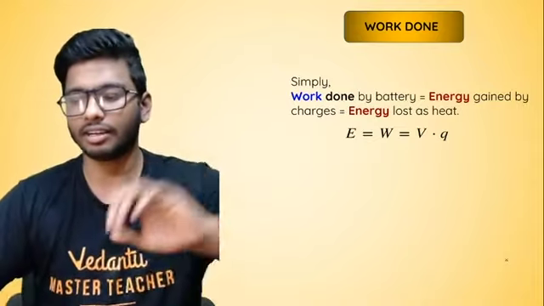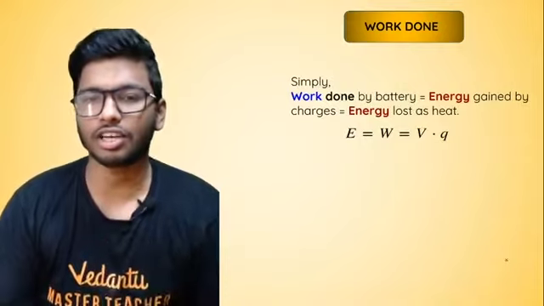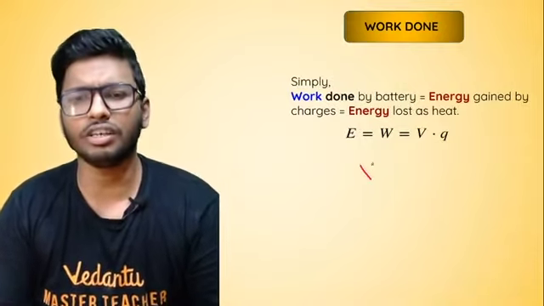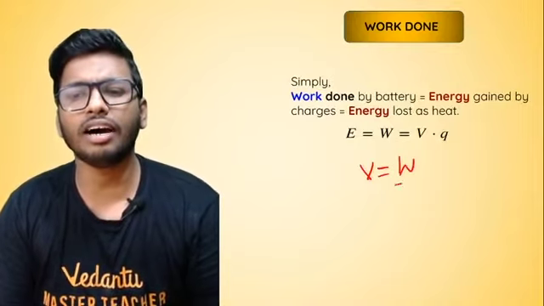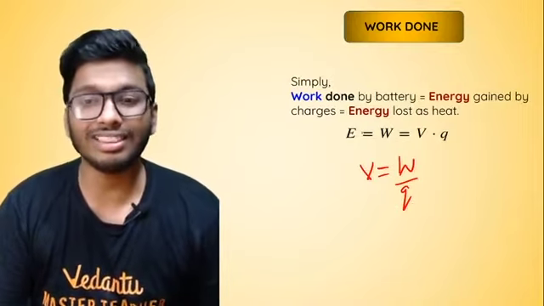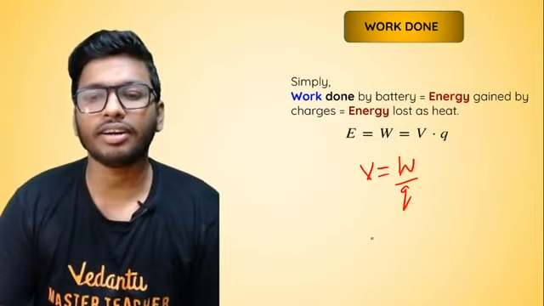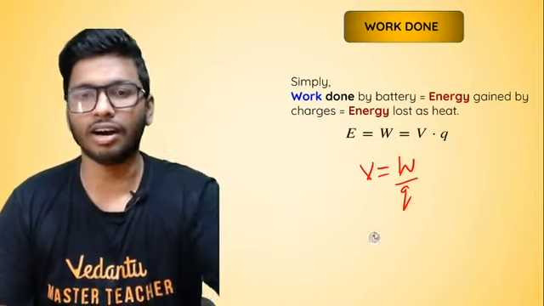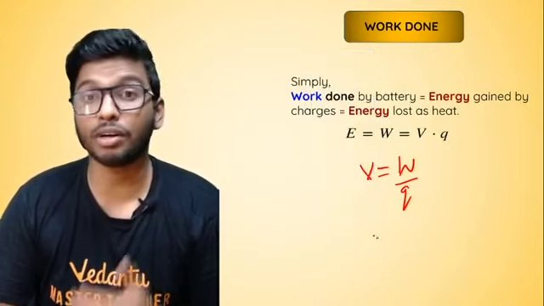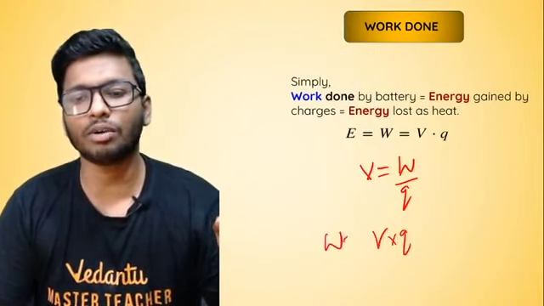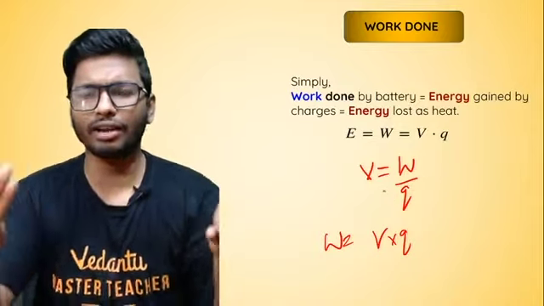We have already seen in the first session that potential difference is nothing but work done on a unit charge. So in this case, energy is equal to the work done by the battery, which I can write, in place of work done, as V into Q. I'm just rearranging the equation to get work done.